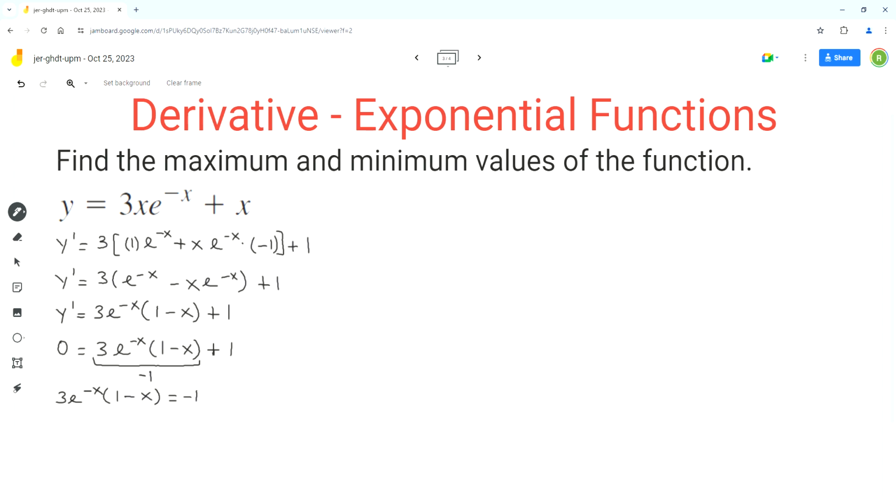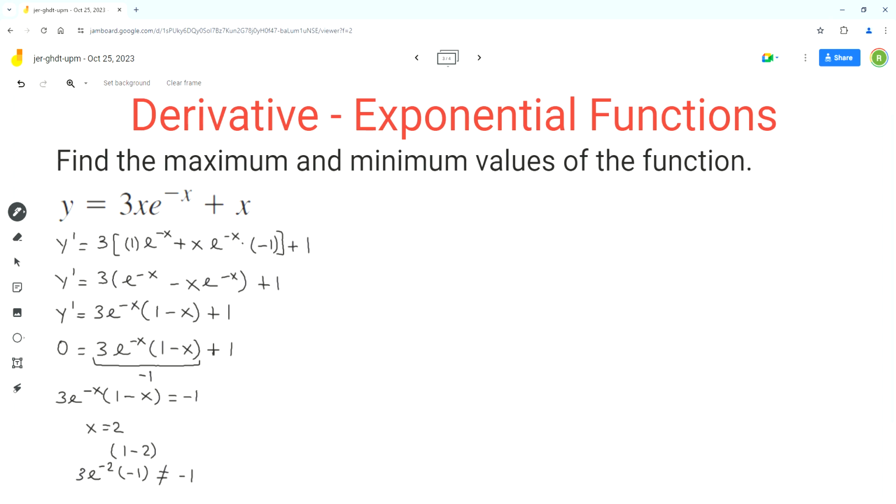So for example, if we sub in x as 2, so 1 minus x will become equal to negative 1. But then if we multiply it by the other part, the result will not be equal to negative 1.